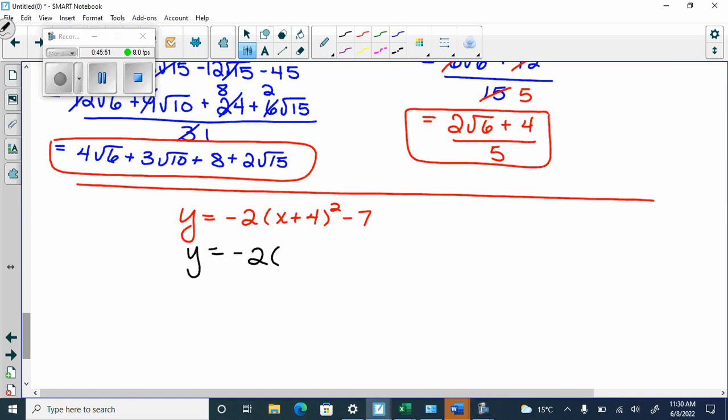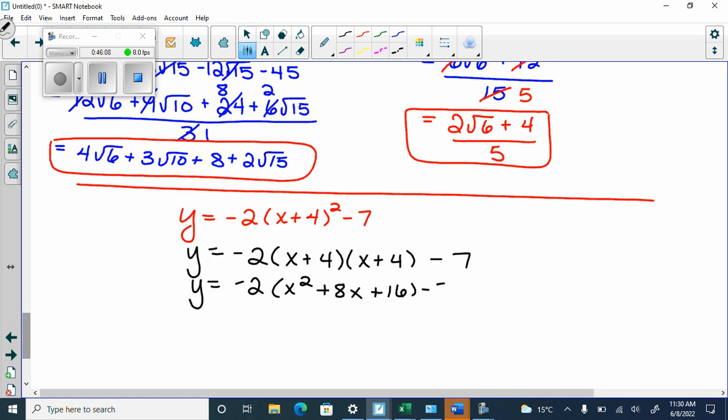We get y equals negative 2, x plus 4, x plus 4 minus 7. Then we get y equals negative 2, x squared plus 4x plus 4x is plus 8x, plus 16 minus 7. Then we distribute the negative 2 in. So we get negative 2x squared.